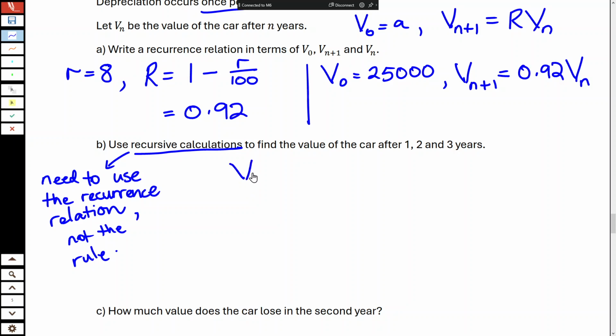So I won't belabor the point because we've done this in an earlier class. V1, and now I'll use this equation here, is 0.92 times V0. But we know what V0 is. That's the initial value of the car, 25,000.